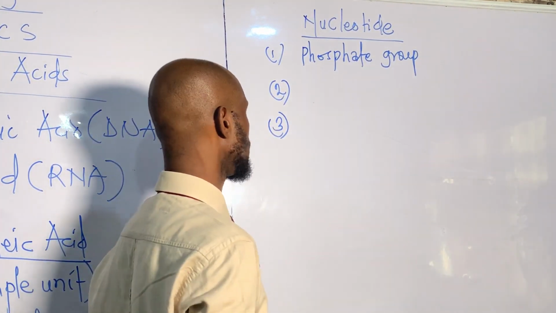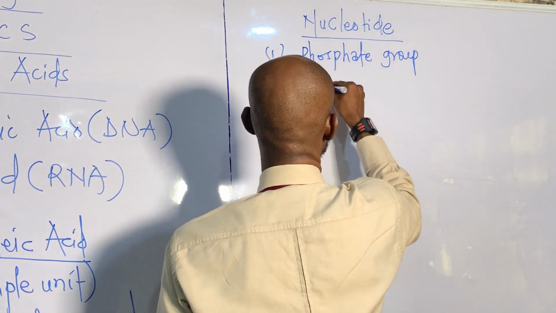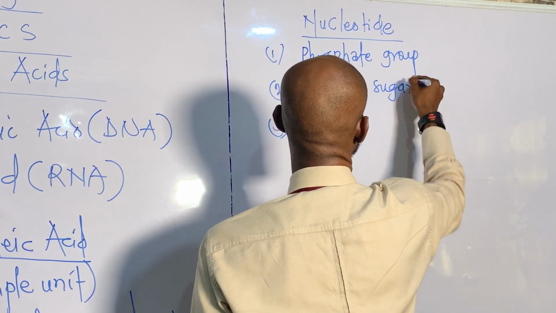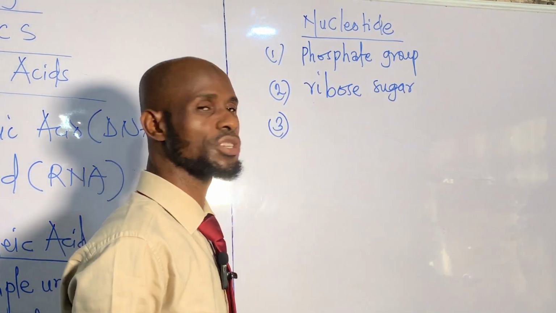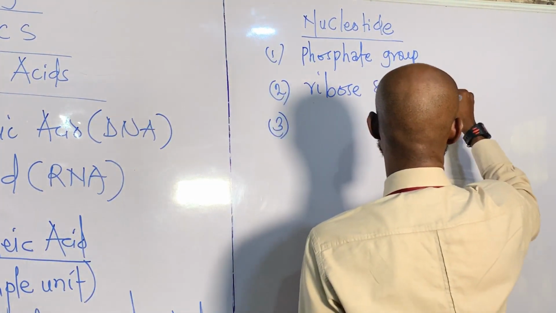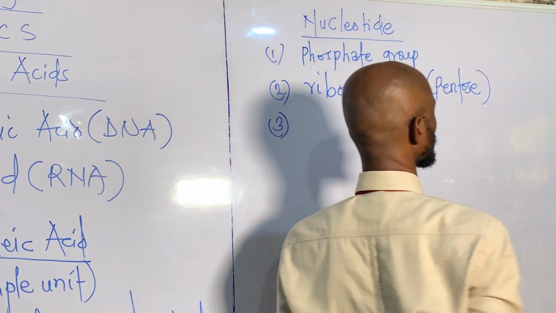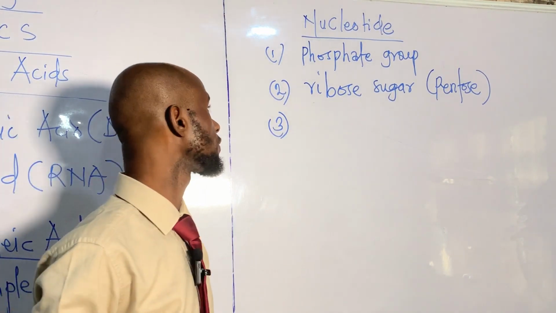The second part of the nucleotide is the ribose sugar, and that ribose sugar is a 5-carbon sugar. That is, it is a pentose. Pent means 5.